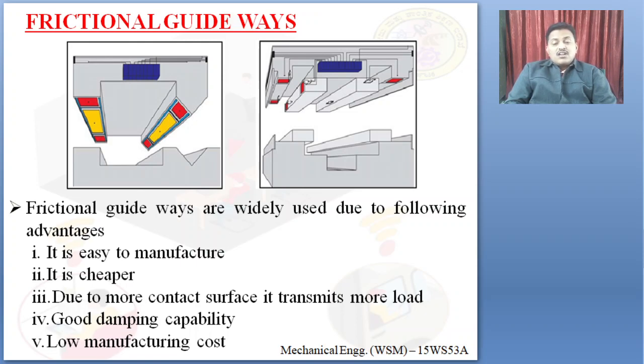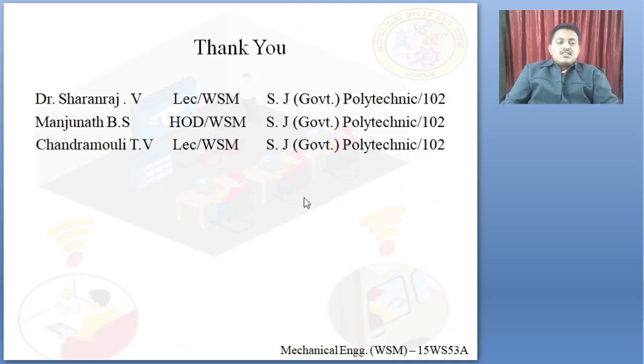It has good damping capabilities, which means it can withstand more vibrations. The manufacturing cost is very low. So these are the important advantages which lead us to go for frictional guideways in CNC machines.